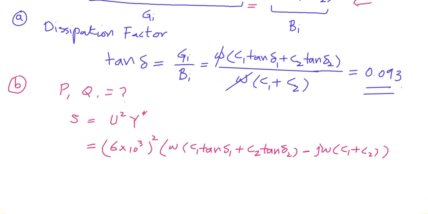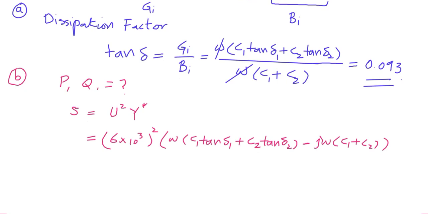We are given all the values in the problem: the values of C1, delta 1, C2, delta 2, and instead of omega we are given the frequency, equal to 50 hertz. So you can find omega: omega is equal to 2 pi f.